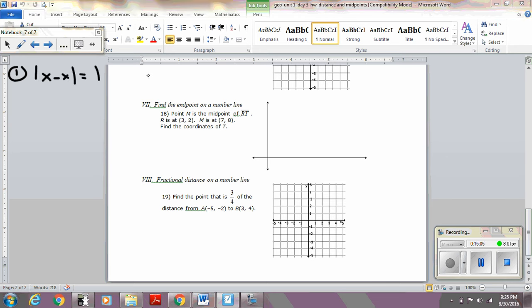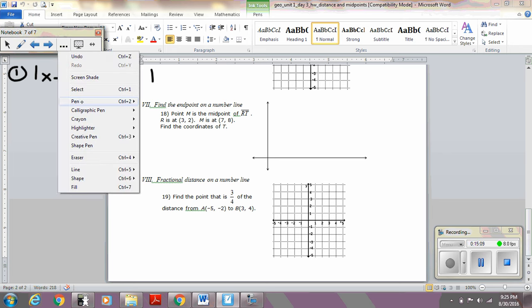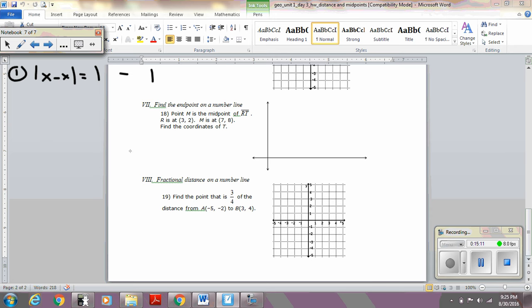So have your absolute value bars, which is standard. And my x's are -5 and 3. So the distance between them would be 8.